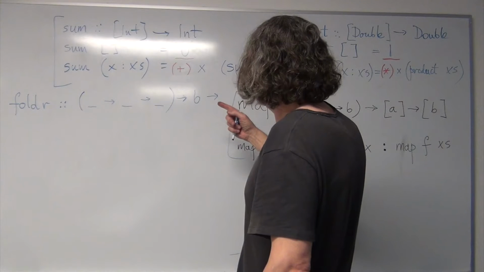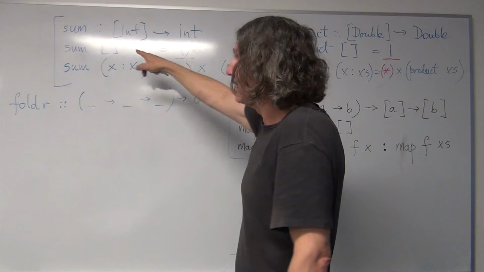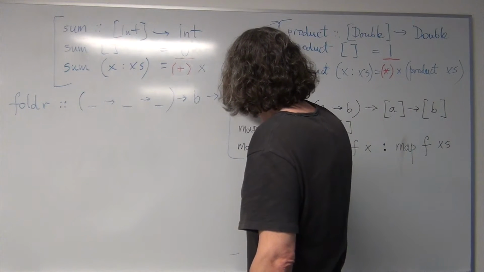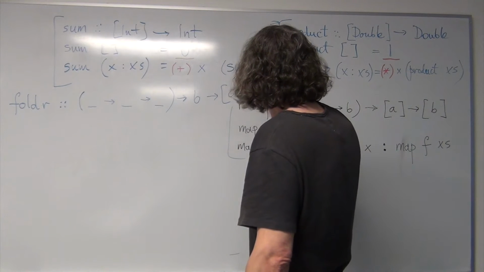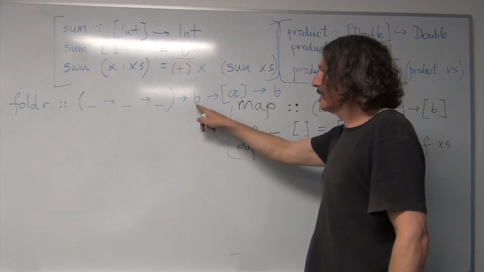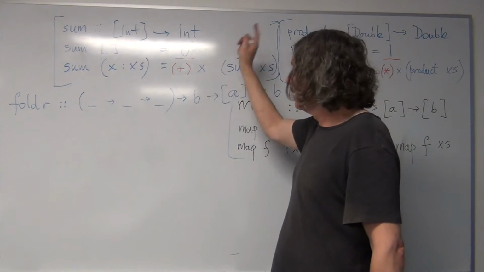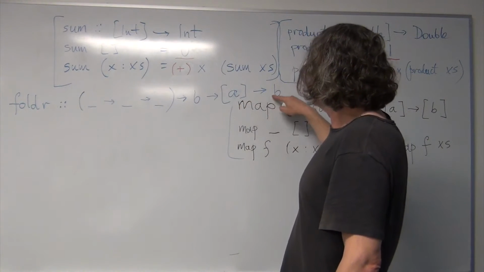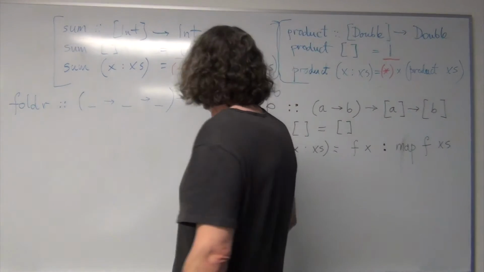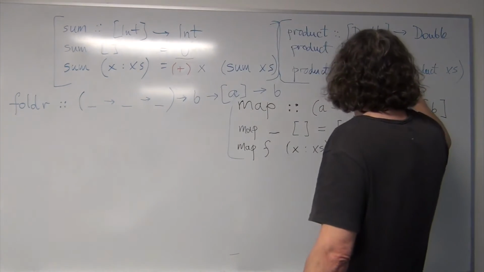So it takes these 2 things, and then, just like the sum and product, it takes a list. So it takes a list of A's, and it returns the final accumulator of type B, right? So it starts with this accumulator at 0 or at 1 or at something else, right? And just keeps accumulating and finally returns this accumulator, like the sum of the whole list. Okay, so let's go back to this. So this function, look how we are applying this function.